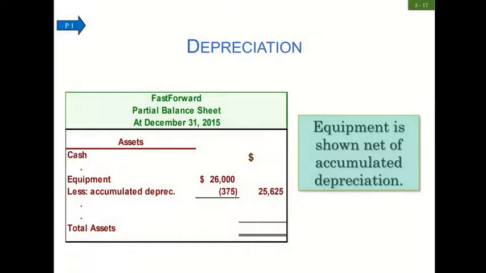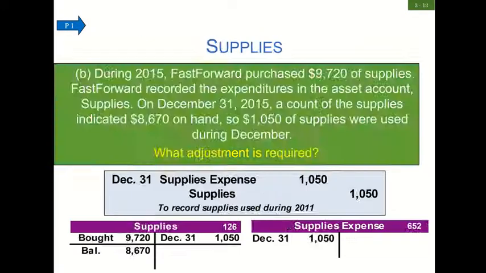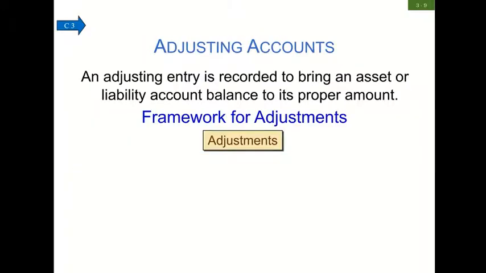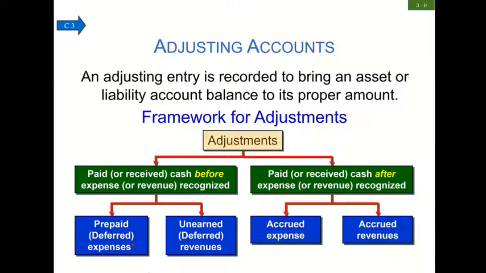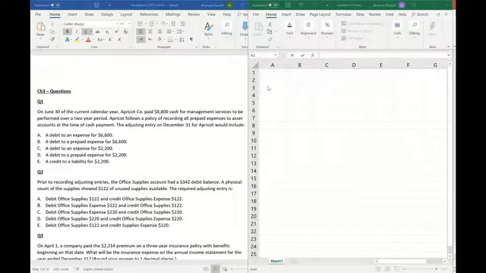Okay, so this is the first type of adjustment, which is prepaid expenses. Starting now to solve some questions on prepaid expenses. Starting here with question number 1.